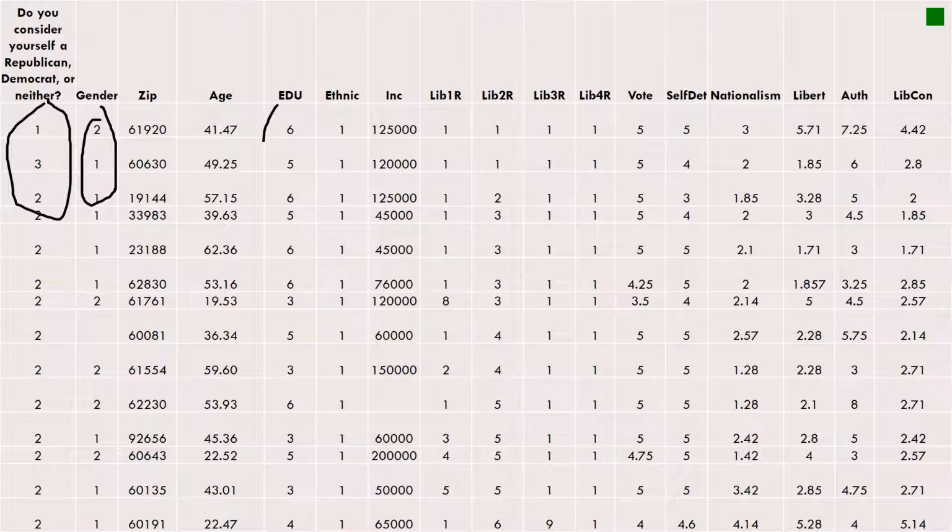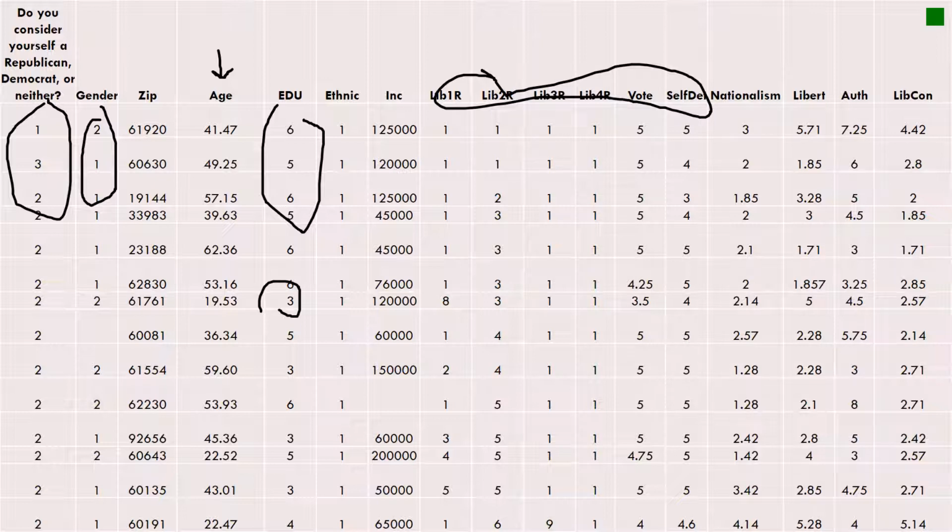Okay, education. I don't know what a 6 is, a 5, or a 3. Age, I assume this is age in years, but again, that would be an assumption. Income level, these different scales here, I don't know what the scale range is. There's an 8 here. Is this on a scale of 1 to 10, 1 to 9, 1 to 8? What is the scale here?